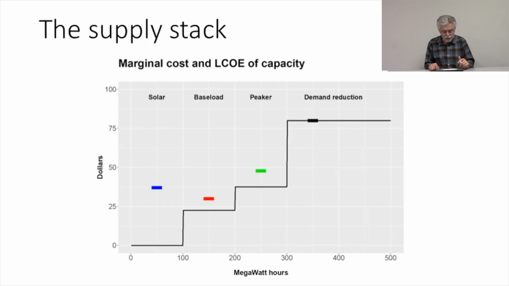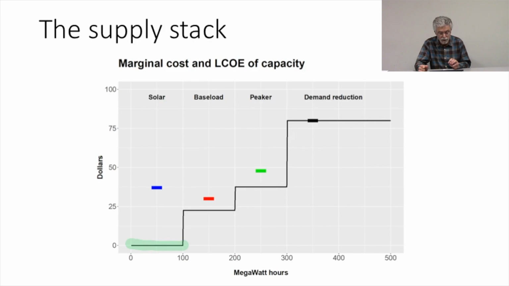All right, so let's go back to the supply stack just for the example. If we think about needing an additional 100 megawatts of power, the first thing you would do is look to your supply stack. According to the supply stack, solar has my lowest marginal cost, so if I need 100 megawatts, I would run my solar.